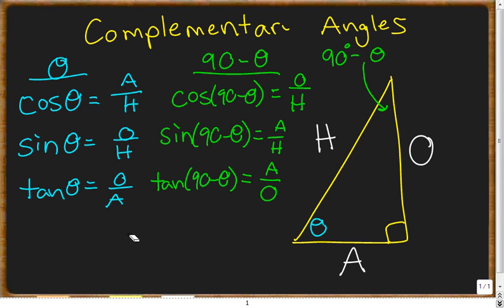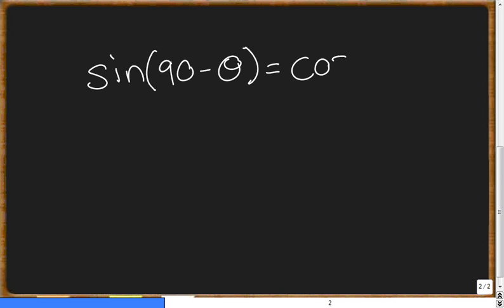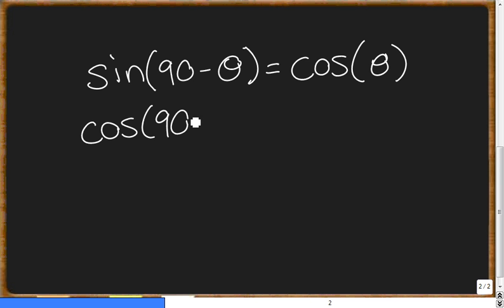So very quickly, I'm going to flip the page and write down the following identities which you'll want to know. The first one, again, is that the sine of 90 minus theta equals the cosine of theta. We also have the cosine of 90 minus theta, or 90 degrees, more specifically, is going to be the sine of theta.